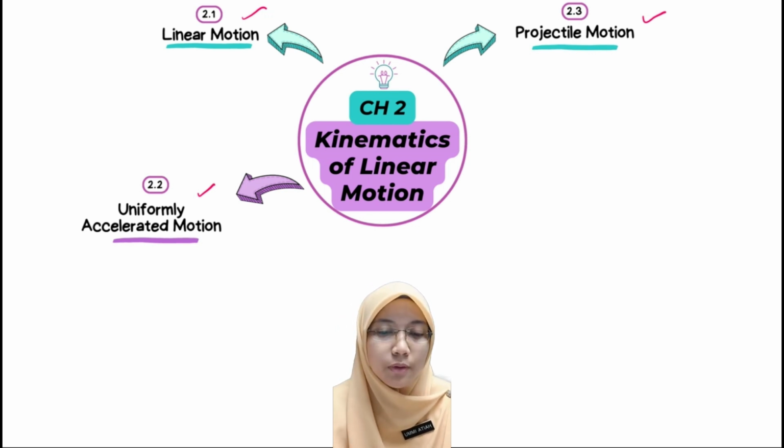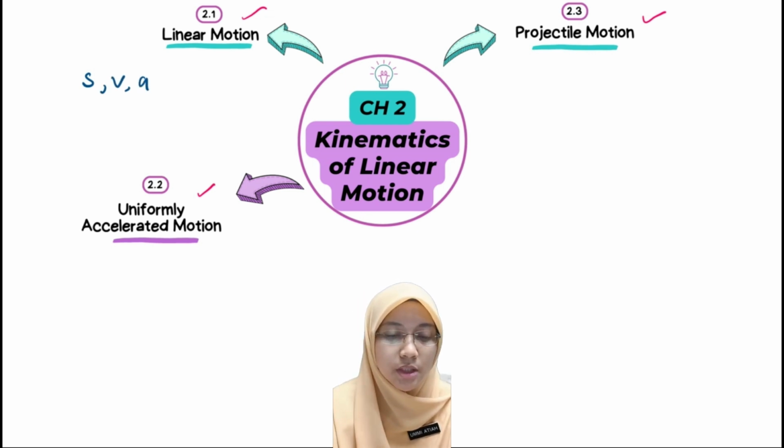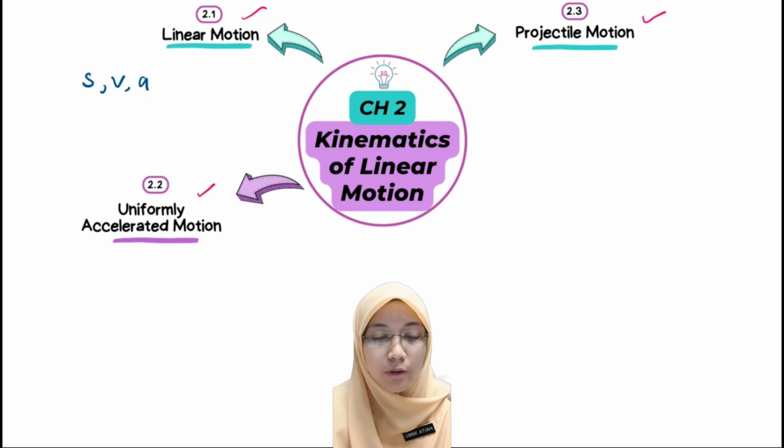For 2.1 linear motion, the most basic thing that you have to know is displacement. When we talk about motion, we have to know the displacement, velocity, and acceleration. The basic formula for velocity is displacement over time, and the basic equation for acceleration is velocity over time.